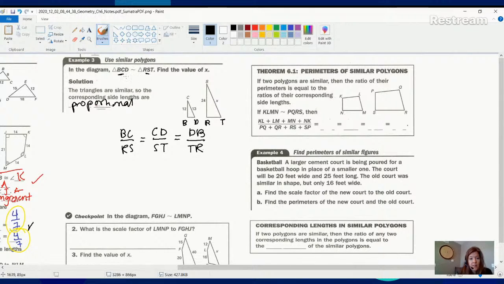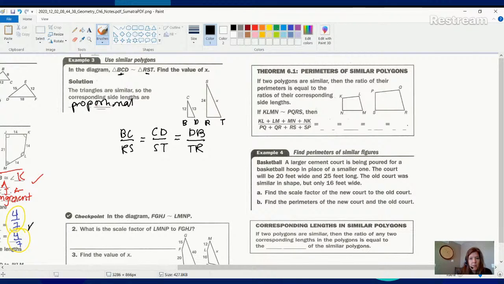I got that all out of my statement up here. I didn't even look at my picture. I said B to C, the first two letters, over R to S, the first two letters, has to equal C to D, the second two letters, over S to T, the second two letters, and then the first and last for the last one, right?